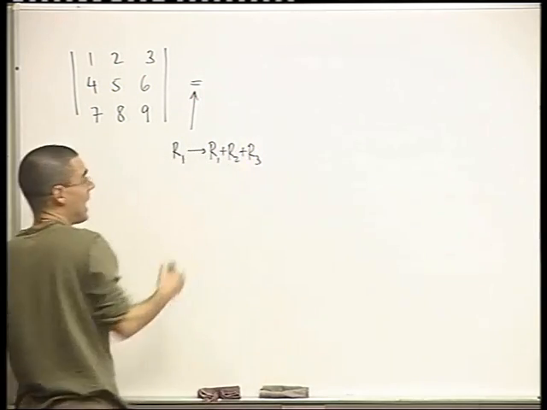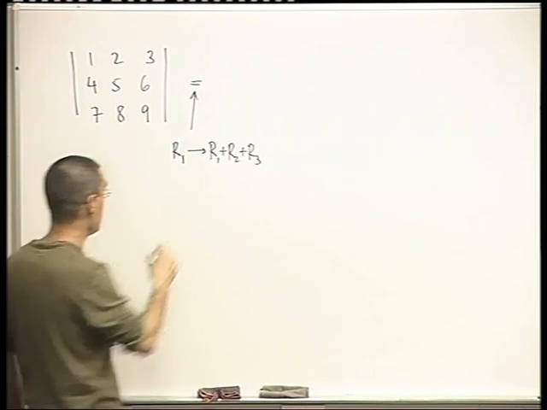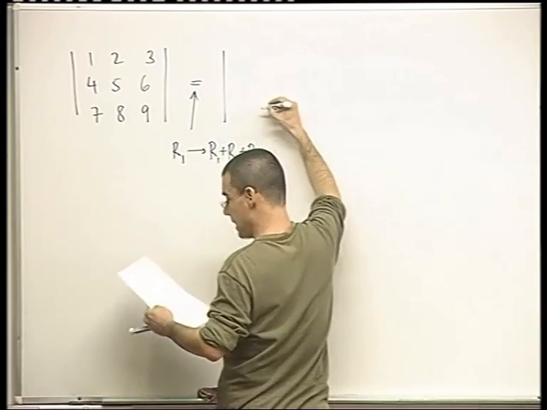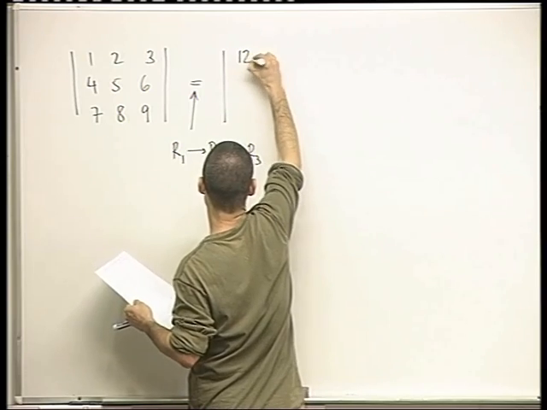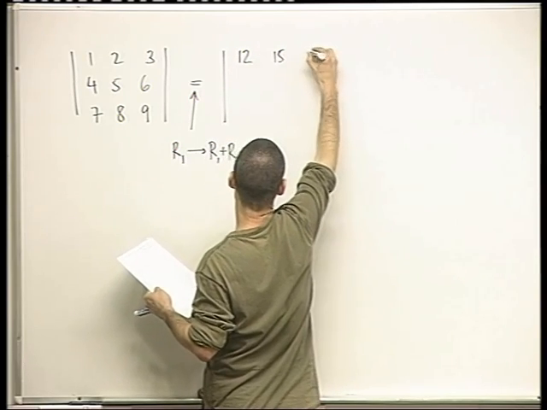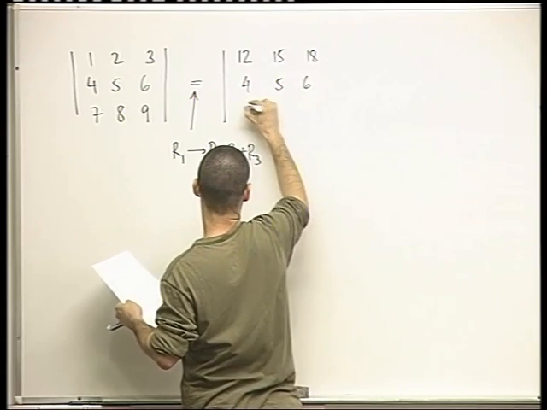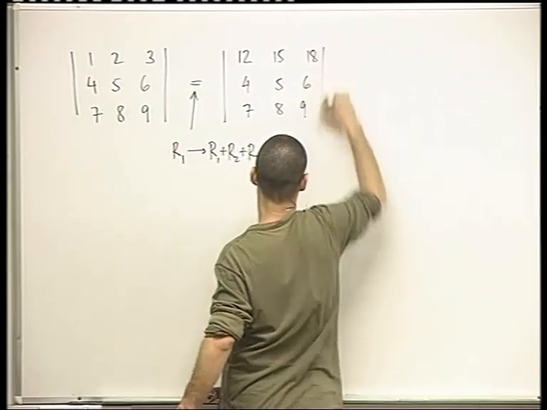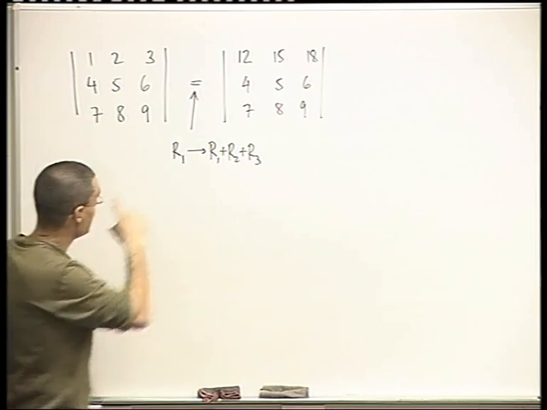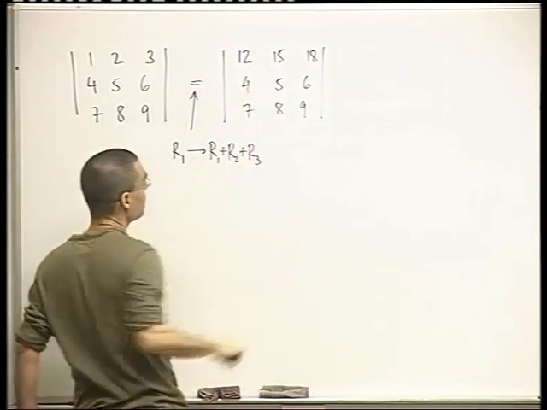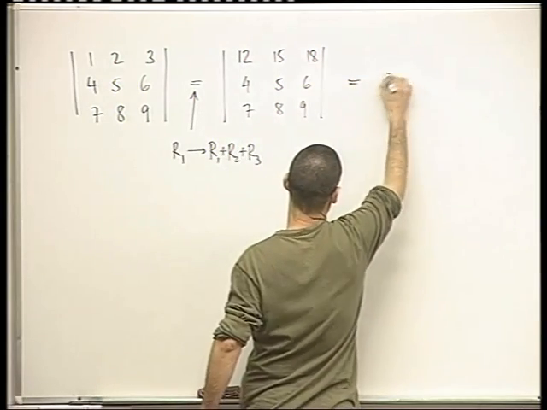Do you agree that that's adding scalar multiples of rows to another? So what do I get? I get 12, 15, 18, 4, 5, 6, and 7, 8, 9. Do you agree? And now observe that row 1 is 3 times row 2. Therefore, the determinant is 0.